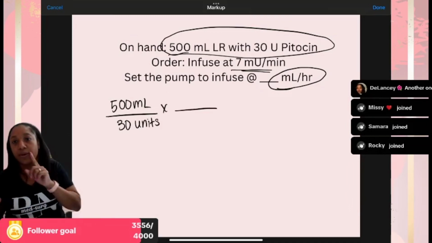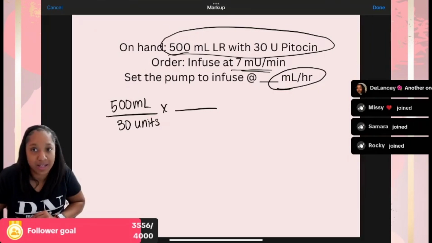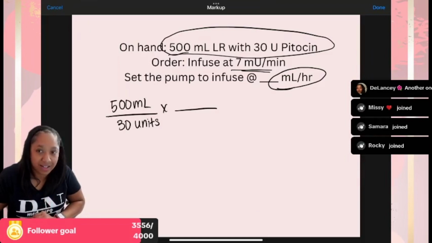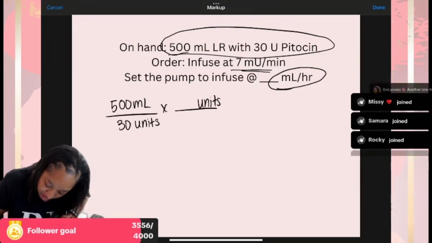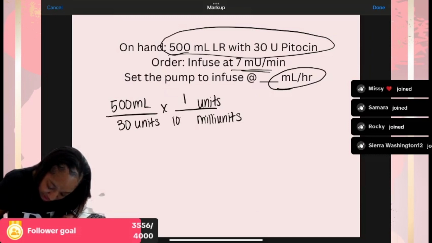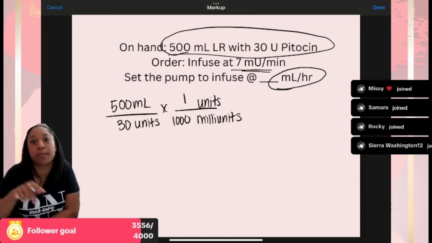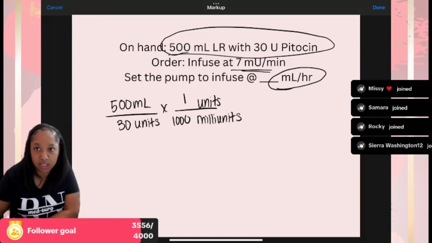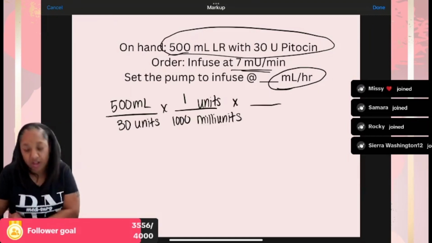My order is in milliunits, so I can't put milliunits on top to cross it out from the bottom, can I? Gotta add a conversion. So units on top, milliunits on the bottom. 1 unit is 1,000 milliunits according to the prefix milli.